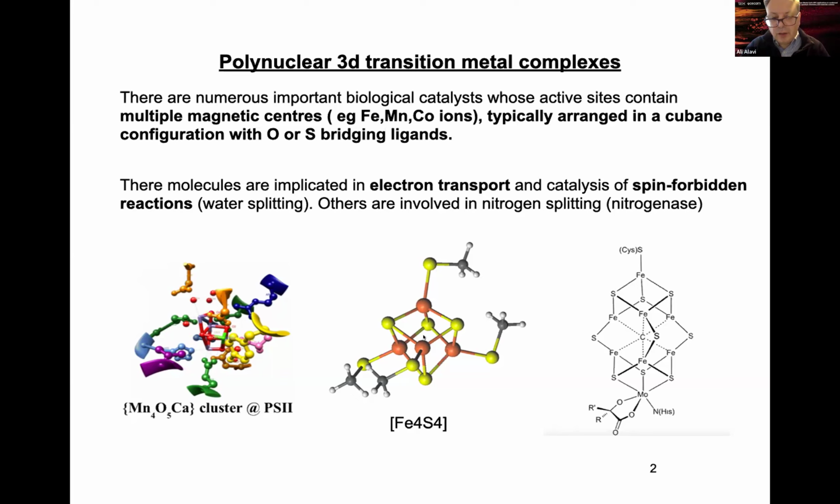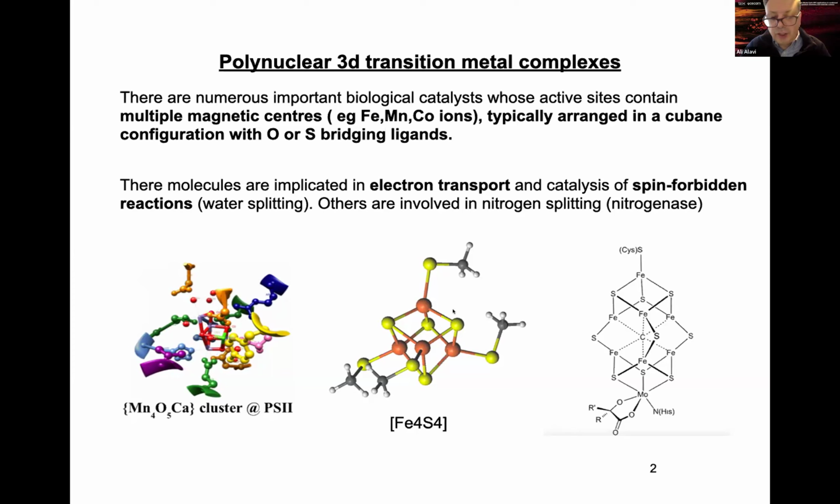And part of the construction of these molecules involves ligands which bridge the transition metal sites, and which actually are part of the effective magnetic interactions between these sites.